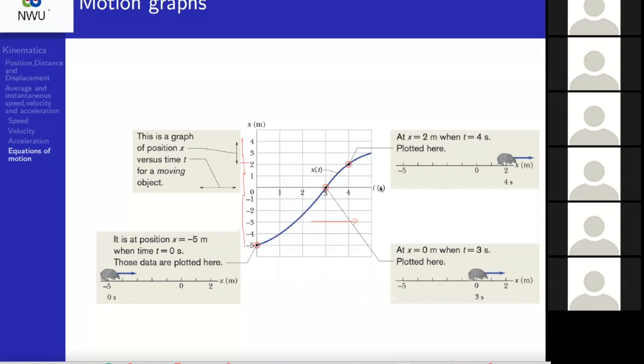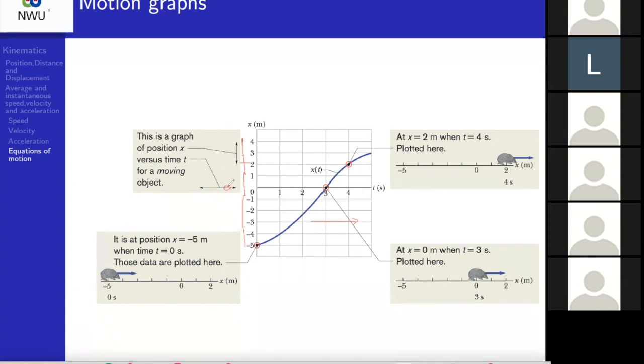Sir, is it not changing direction? I think it's because at 3 seconds the displacement is 0. The displacement is 0 with respect to who? With respect to the origin, sir.